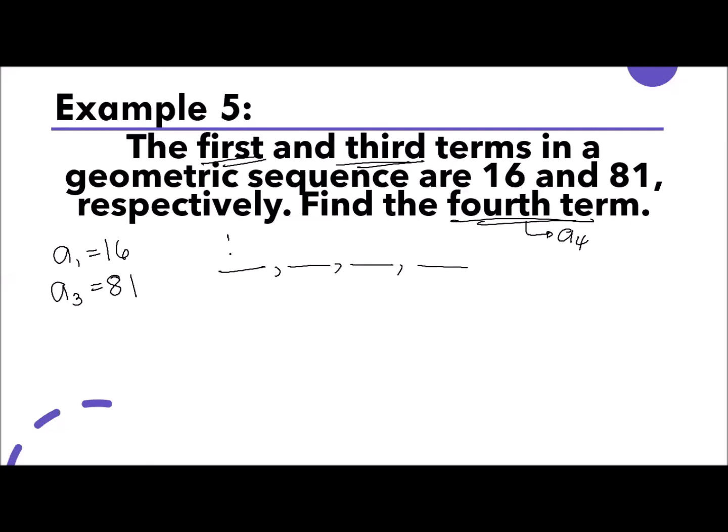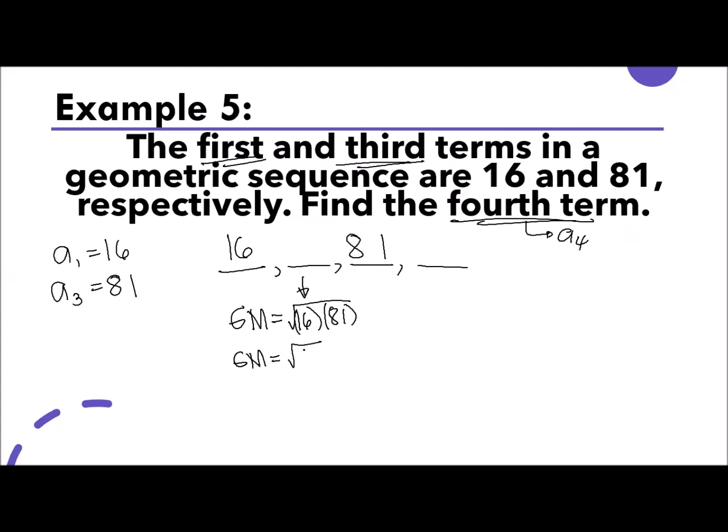Given na si a sub 1 na si 16 at si third term ay 81. Okay? So, madali ito. Kung mapapansin nyo, anong pwede natin gamitin? Sequence o means? Tama. Means, kasi nasa gitna naman. So, let's have the geometric mean. So, we will have 16 times 81 and then get the square root of it.